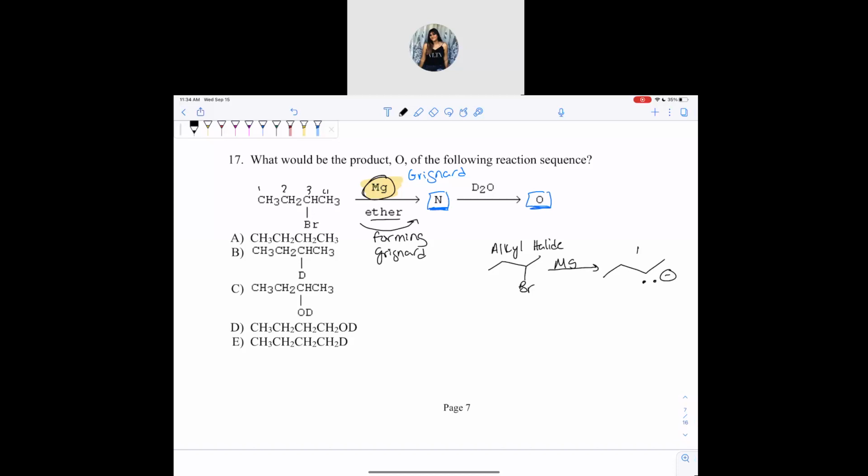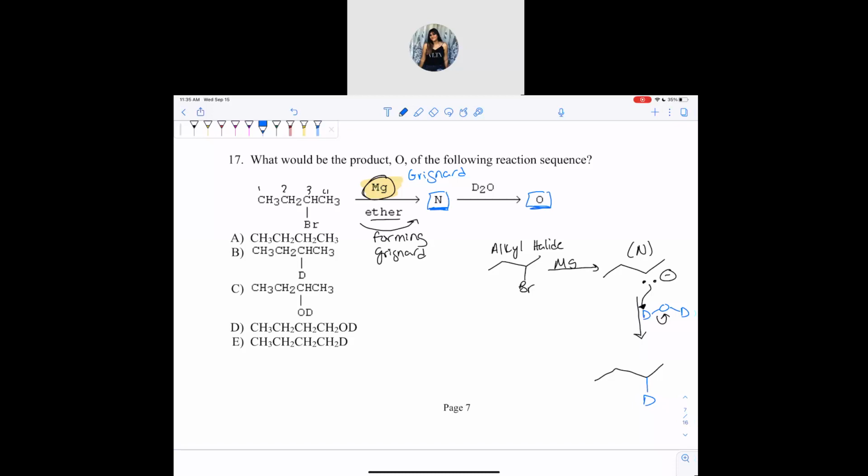Cool, so this is going to be N. At this point, the Grignard reagent would usually react with some kind of carbonyl, except here we don't have a carbonyl, we just have D2O, which is just like H2O. So instead of being some kind of Grignard reaction, this guy is just going to steal the deuterium, act like a base, and go on its merry way. So all we did is add a deuterium here.